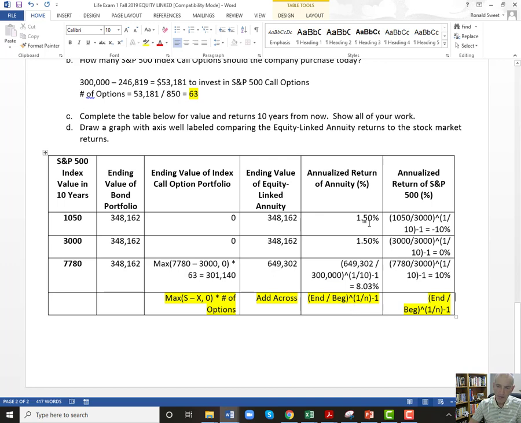But again, remember the article we read, because it will not be this good for you if you buy the equity-linked annuity. There's fees that they charge. This is only a price index. The S&P will actually have price plus the stock market dividend, so you have an extra 2% return on top of this. That's not included here.